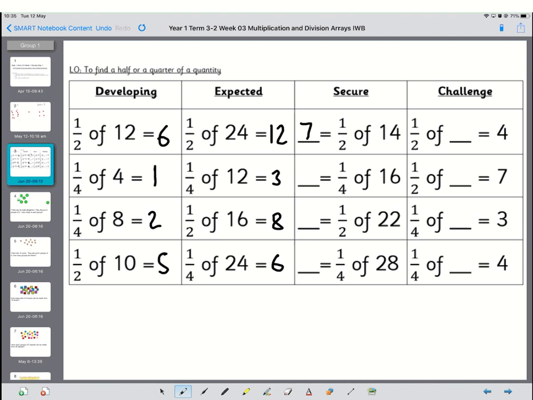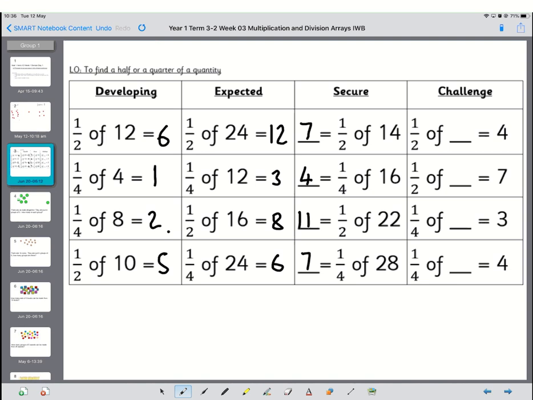Oh no, we haven't. So a quarter of 16 is dividing 16 into 4 different sections, sharing it into 4 different sections, so that's 4 as well. Half of 22, 2 ten bars, 2 ones becomes 1 ten bar, 1 cube. Quarter of 28 is 7.